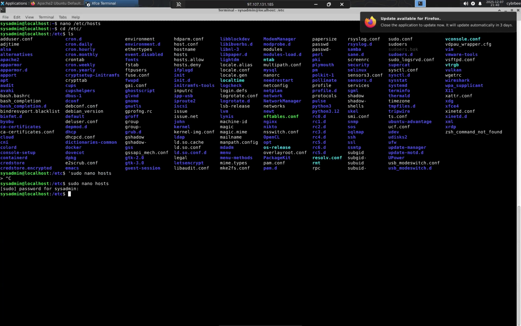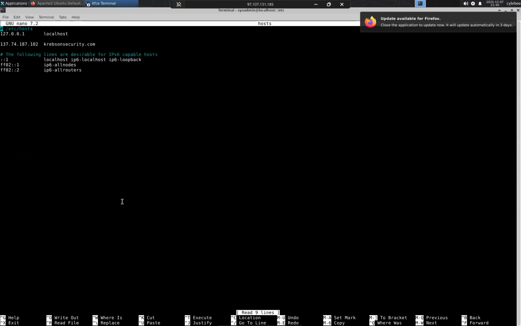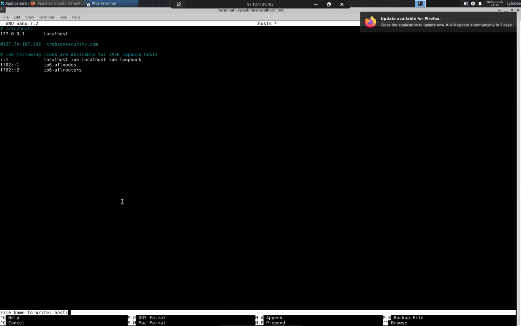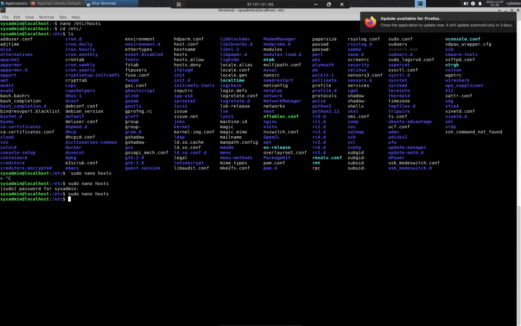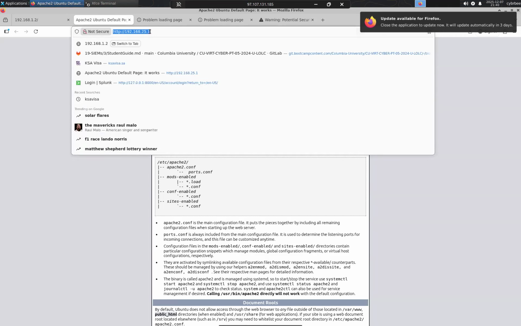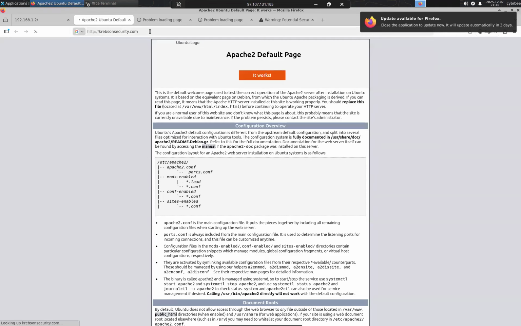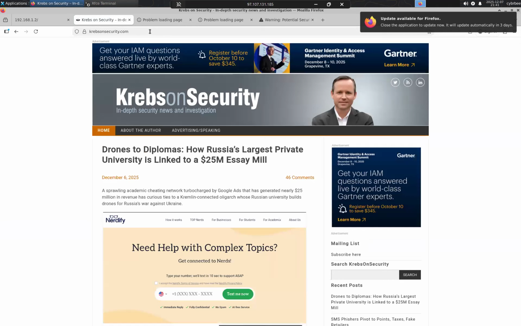So what happens? All browser requests to krebsonsecurity.com on your operating system will now be redirected to that IP. Just to show, before this, this is the website, the real Krebs on Security website.